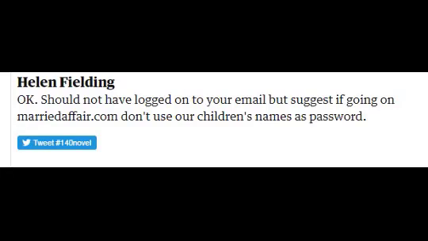It's not specified. So one partner has found out that another partner is cheating and knows that they use the children's names as passwords. So this means that not only is this couple having a lot of conflict between themselves because their marriage might be going away, but they have children too. So this ups the conflict.